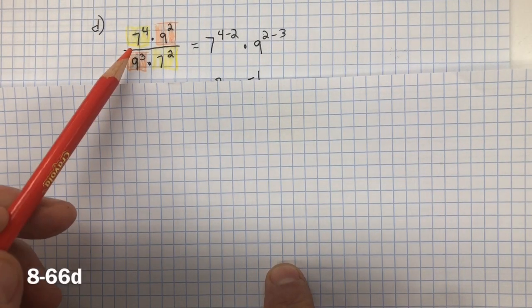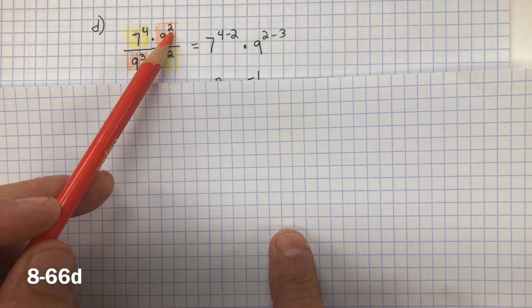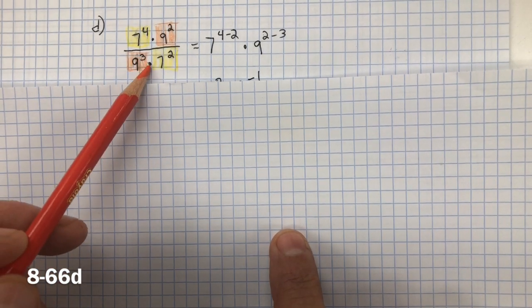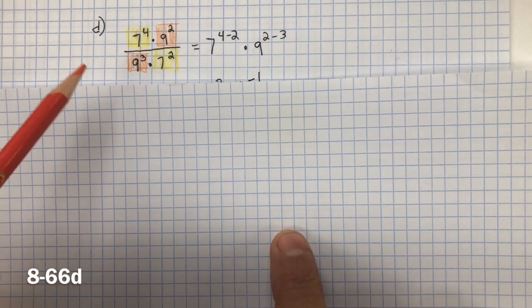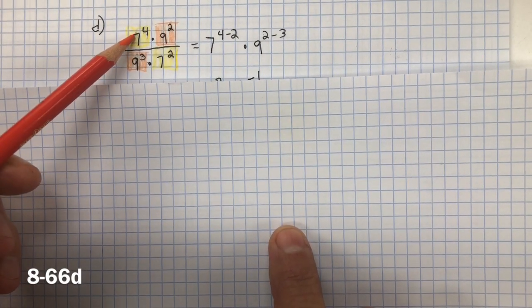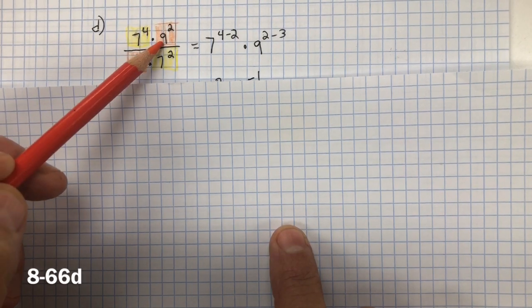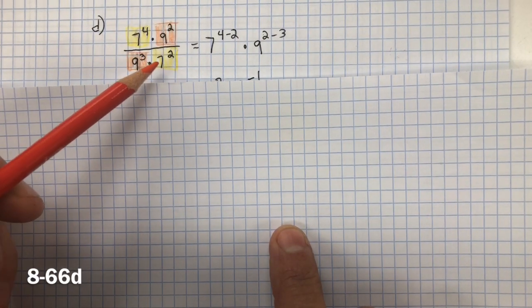In problem D, I have 7 to the 4th multiplied by 9 squared over 9 to the 3rd multiplied by 7 squared. Now, it doesn't matter that base 7 is here, and 9's here, and 9's here, and 7's here.